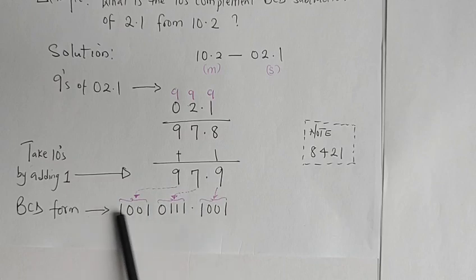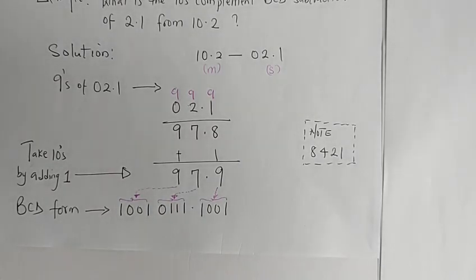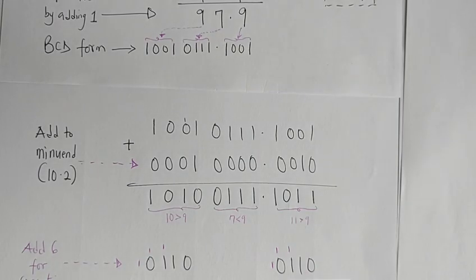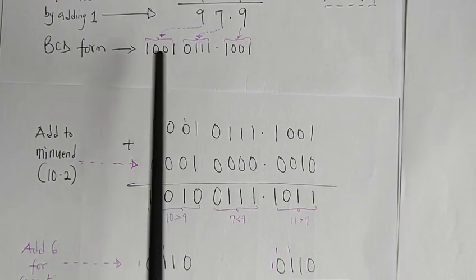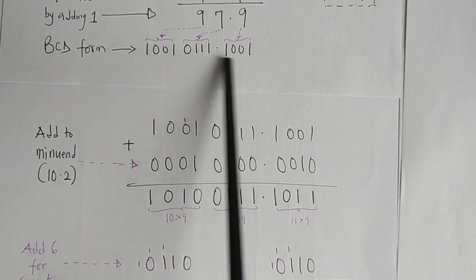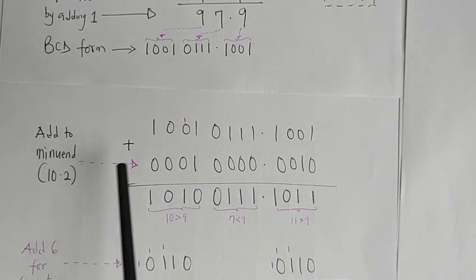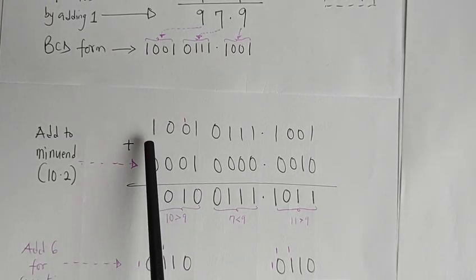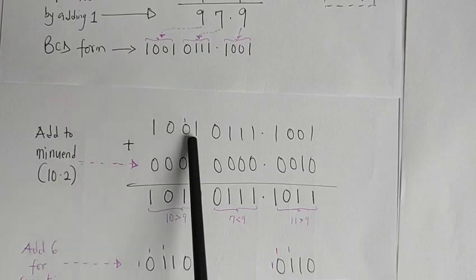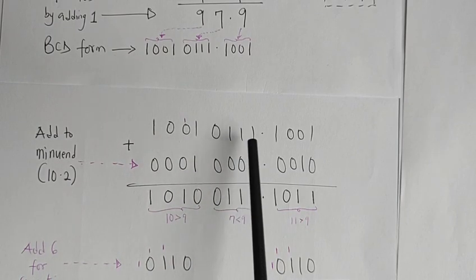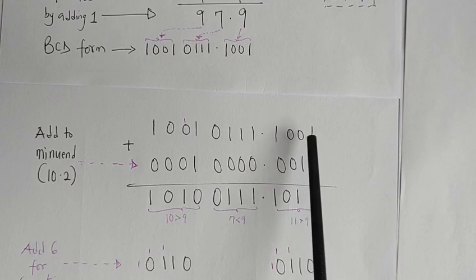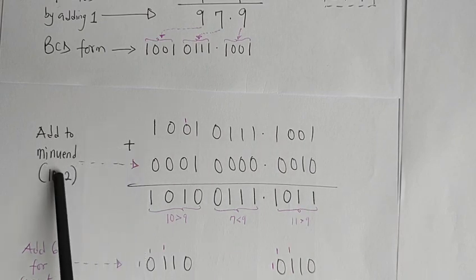So we have taken the BCD form for this value. All we need to do is to add this result to the minuend. We have written it out as 1001.0111.1001. Now let's add this result to the minuend.